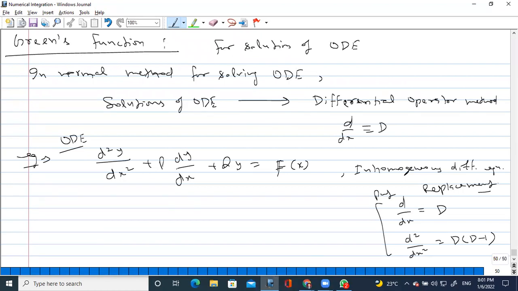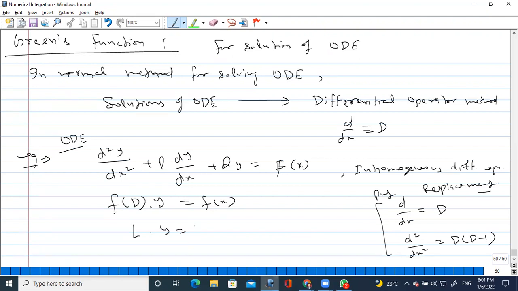So when I put this here, this whole equation will become in terms of D, and that expression I call f(D), and y is my solution. Y is the solution. So f(D) into y will be equal to f(x). Okay, this f(D) I can give another simple name.